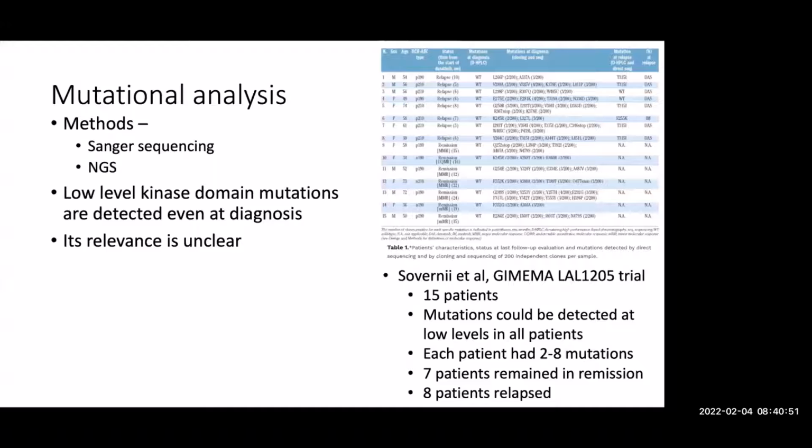They found that all the patients had some form of kinase domain mutation at baseline itself, so much so that each patient had 2 to 8 mutations. But despite the presence of mutations, 7 patients remained in remission and 8 patients relapsed. So the identification of this mutation at baseline may not be of relevance.